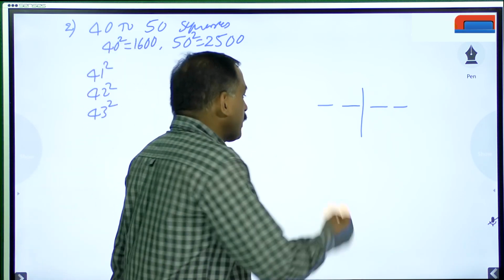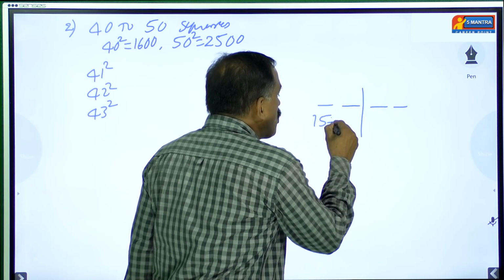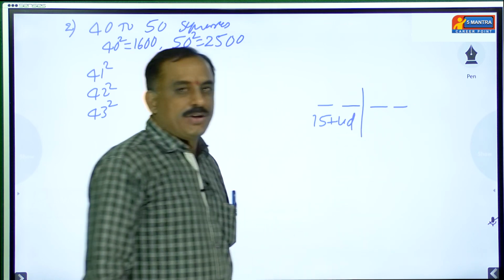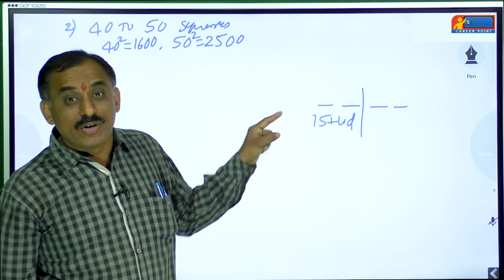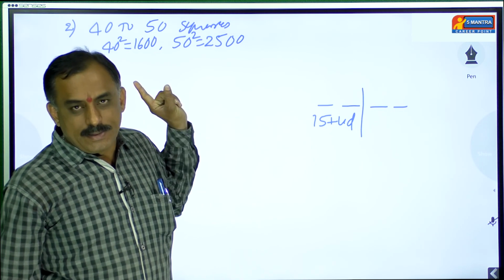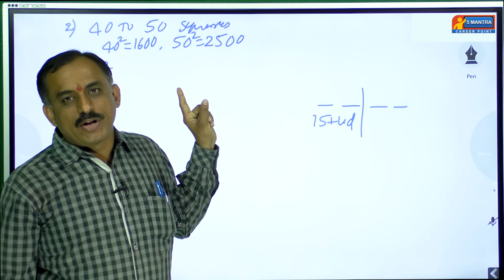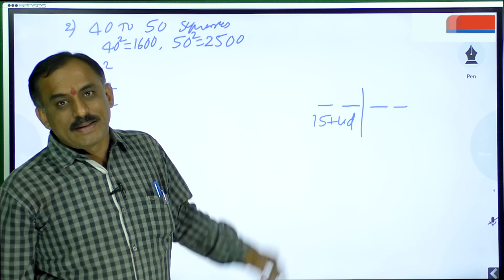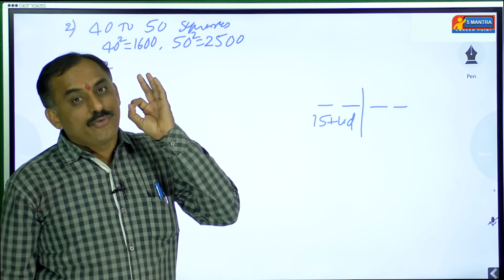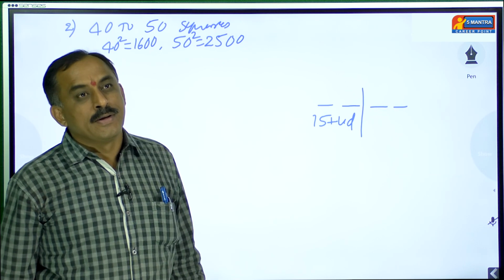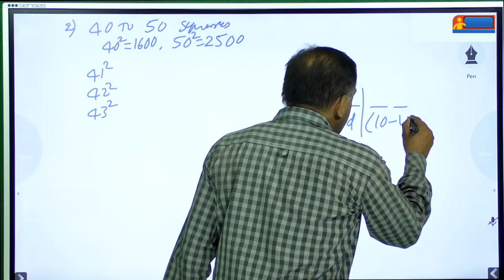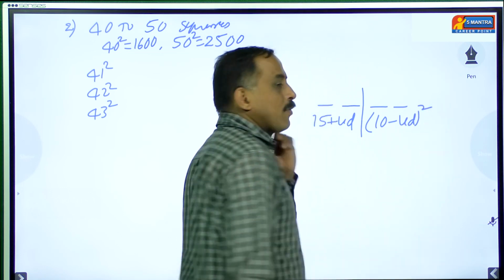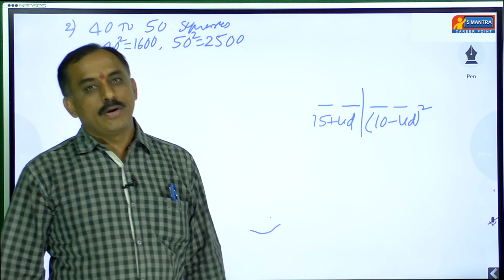The first part is 15 plus a unit digit. From 51 to 59, first one is 25 plus a unit digit. But now from 41 to 49, first part is not 16 plus, it is 15 plus a unit digit. Then what is the second part? The second part is 10 minus unit digit square.